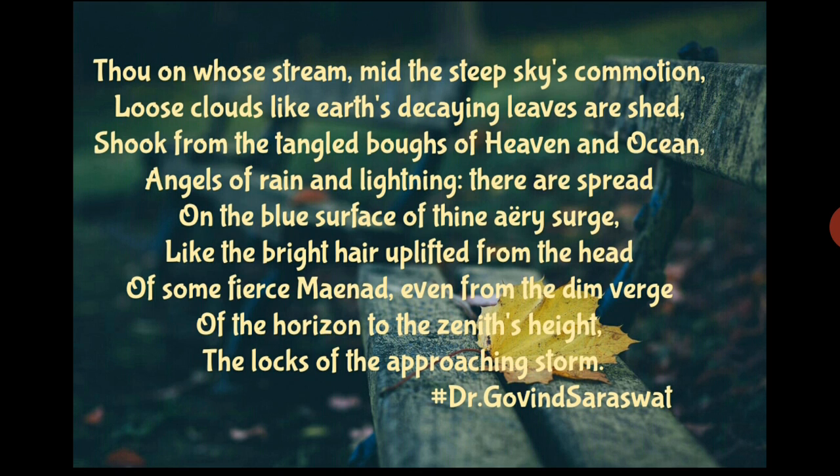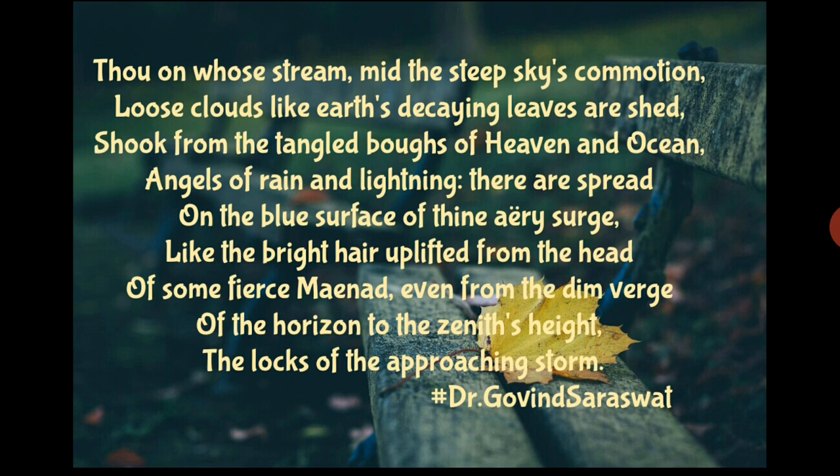There we can see that there are dark clouds, and these clouds float on the surface of the wind in the same manner as the dry leaves are scattered with the gush of west wind on the earth.